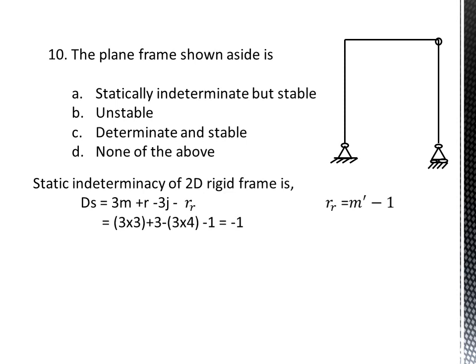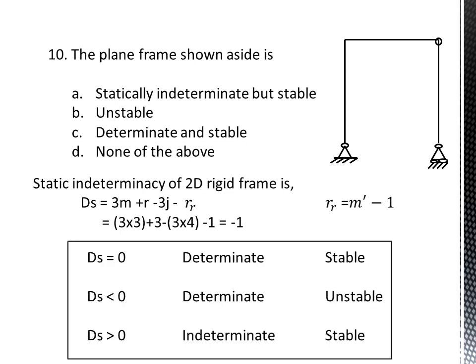Then to understand whether it is stable or unstable, we look into this chart. Here we can see the ds for our question is minus 1. If ds is less than 0, then the structure will be determinate and unstable. So by evaluating the options, the right answer for the question will be option B, unstable.